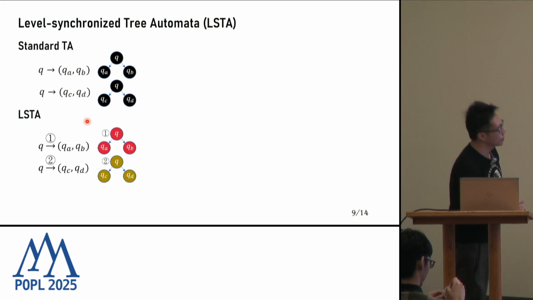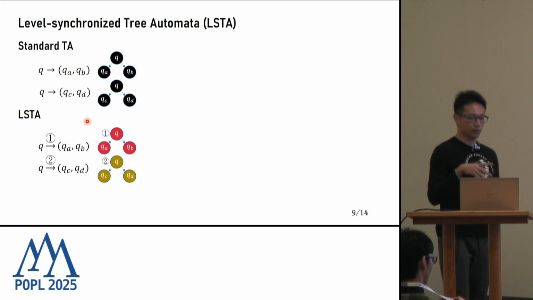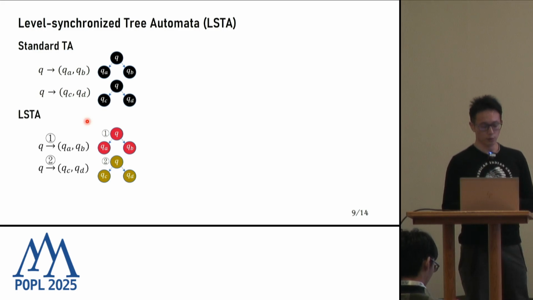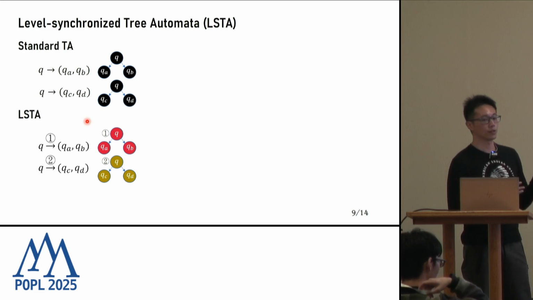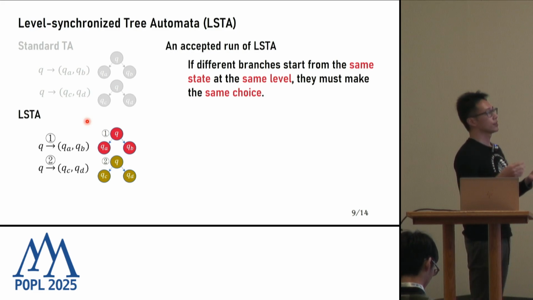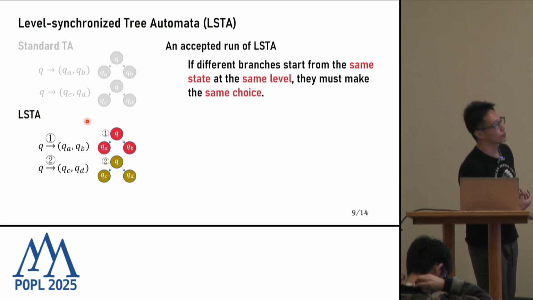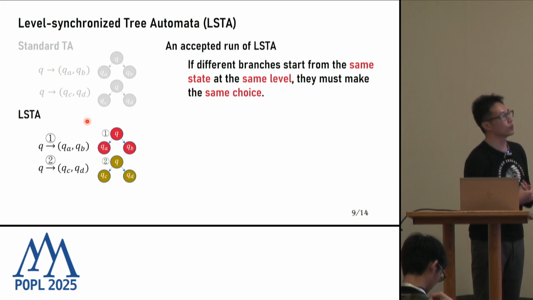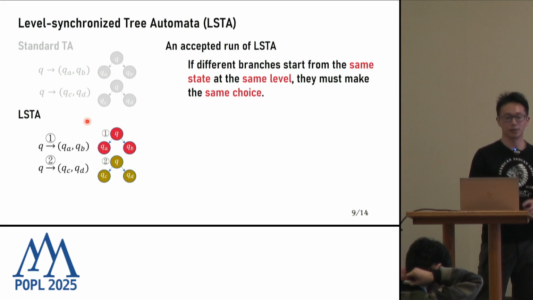There might be some state q that has multiple outgoing transitions. But in LSTA, you have to label those transitions with disjoint choices. Also, for an accepting run of LSTA, we have a further restriction: if different branches start from the same state at the same level, they must make the same choice.